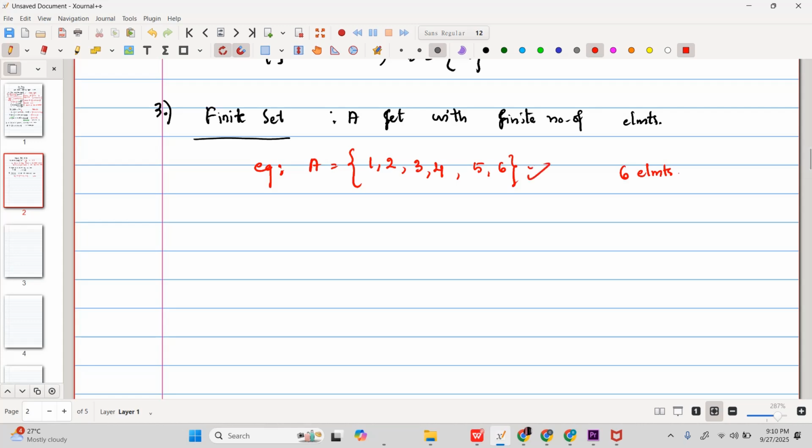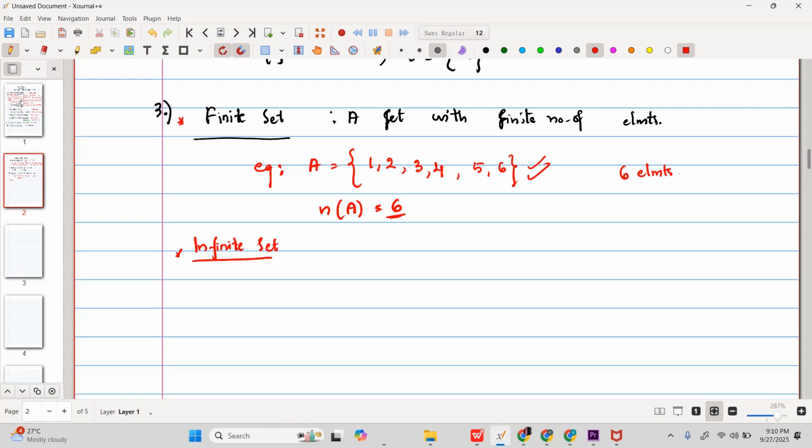For a finite set, the number of elements is represented by n of the corresponding set, which is 6. If it is a finite number, then the set is a finite set. That's it.